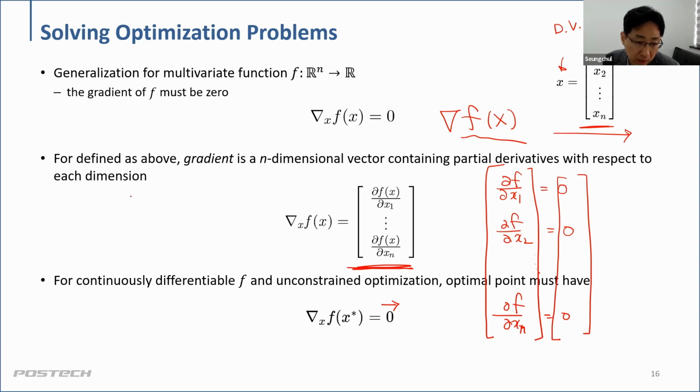For the single case, you would say f prime of x equals 0. For multivariate, you do the same thing. That's the only thing you need to remember: whether it's single variable or multivariate, always compute the gradient and set it equal to 0. If you find those solutions, they will be candidates for optimal solutions.